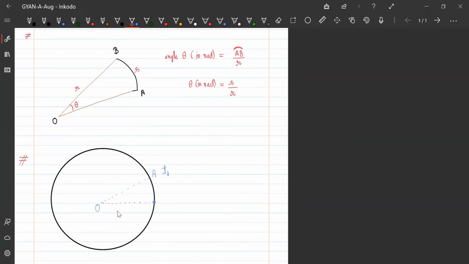We need the radius of the circle. So radius of the circle is given. Particle का motion कहीं से start हुआ, at t is equal to t1 the particle was at point A, and at t2 time पे particle was at P.